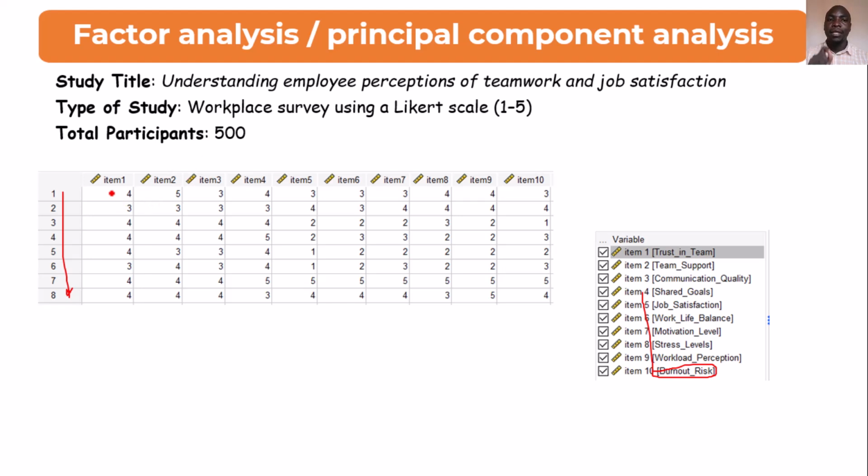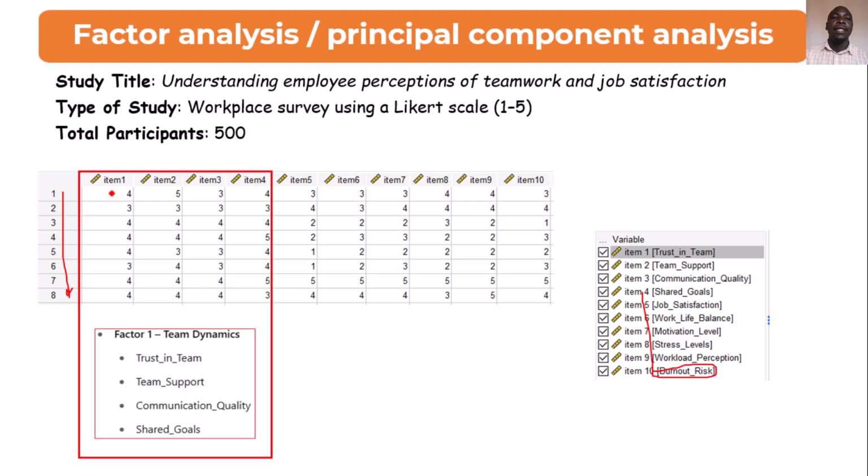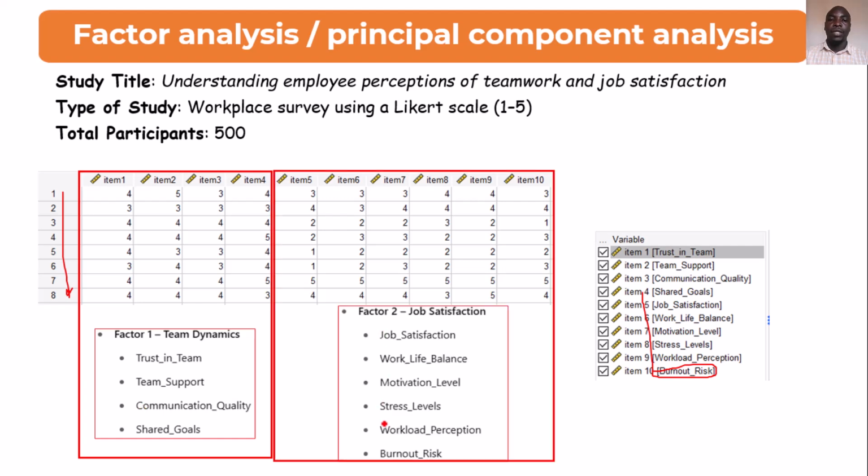But for these 10 questions, this group of researchers tell us that the first 4 items in this tool measure a construct called team dynamics, where we have these first 4 variables or the first 4 items. And then they also tell us that question number 5 up to 10 measure a construct called job satisfaction.